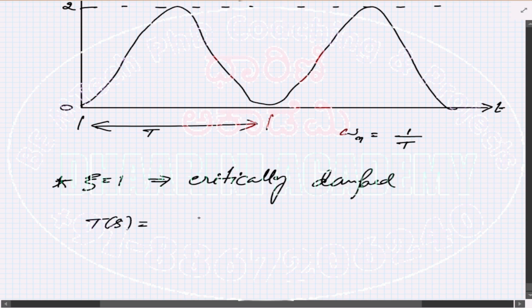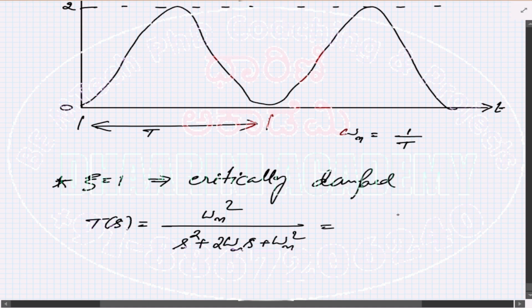T of s is equal to omega n square divided by s square plus 2 zeta omega n s plus omega n square. With zeta as 1, this becomes simply omega n square divided by, you see the denominator is a perfect square, s plus omega n the whole square.